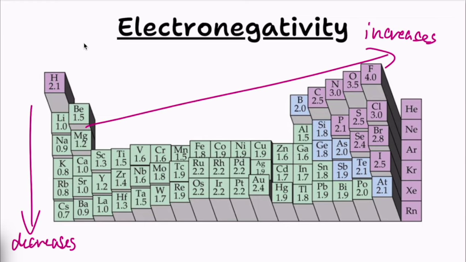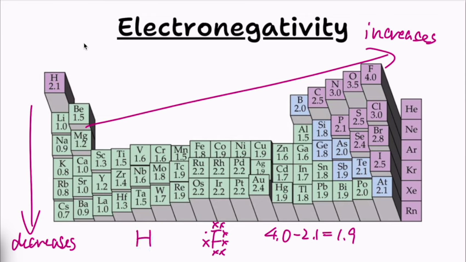Okay, so let's say, for example, hydrogen and fluorine, they have an electronegativity difference of 4 minus 2.1. So the electronegativity difference is 1.9. This is actually considered a very big difference in electronegativity, which means hydrogen is too weak and fluorine is too strong. So fluorine will actually just gain that electron away from the hydrogen, and hydrogen will be left with no electrons.